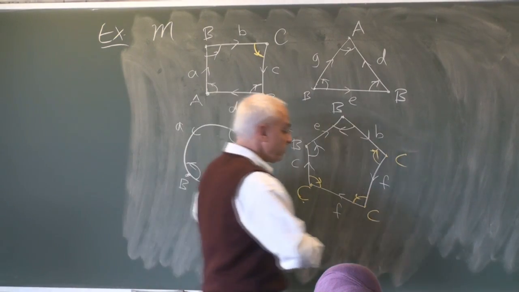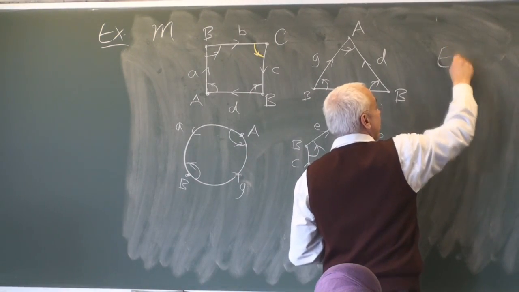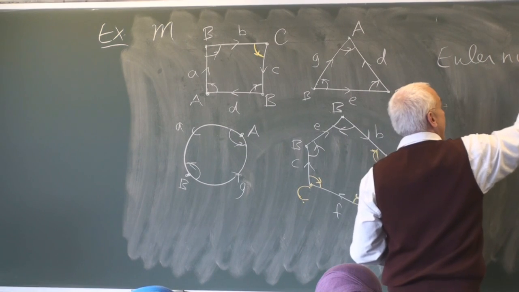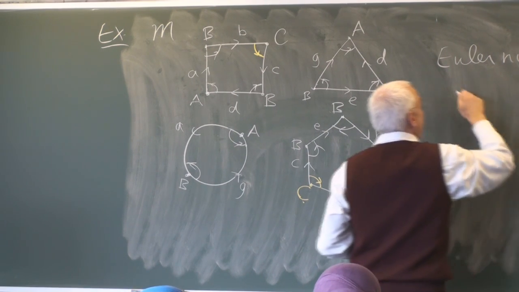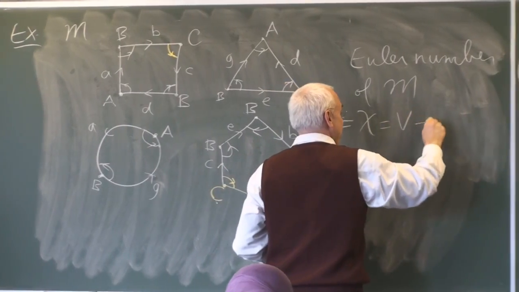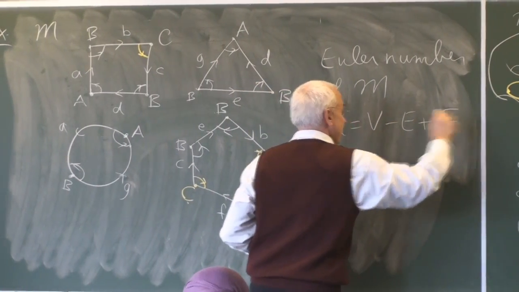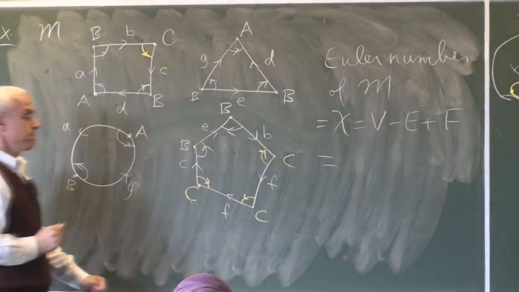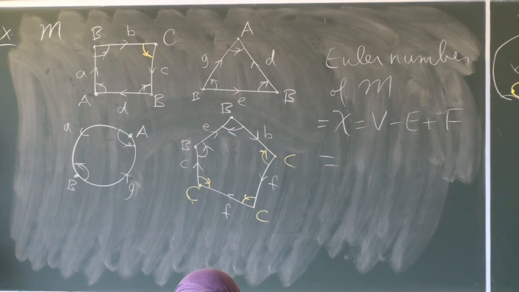So the Euler number of this surface is going to be the number of vertices minus the number of edges plus the number of faces. We've just seen that there are actually going to be 3 vertices because we've counted them.